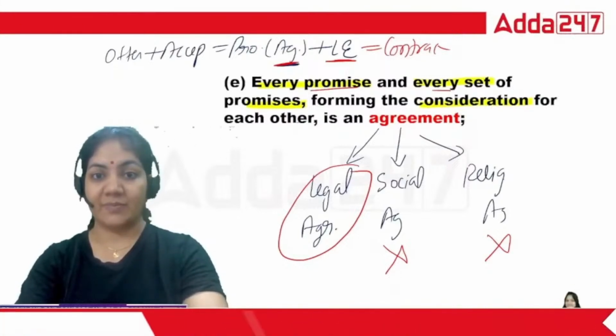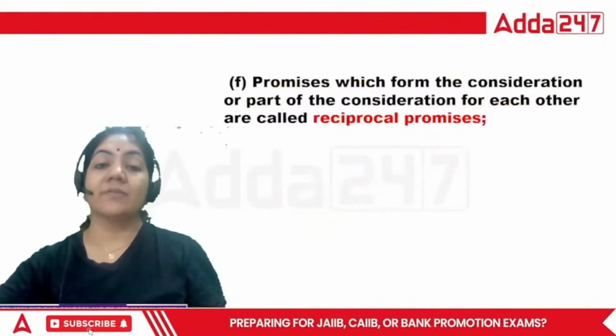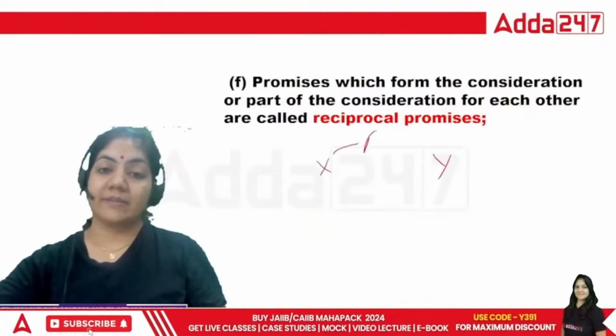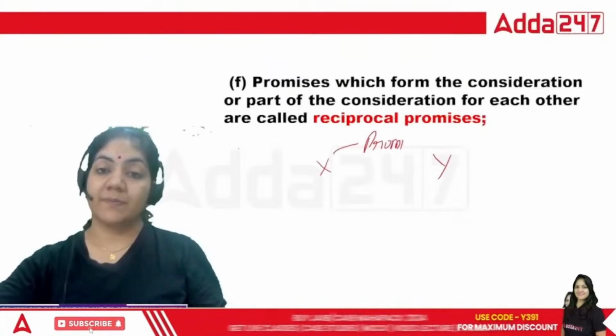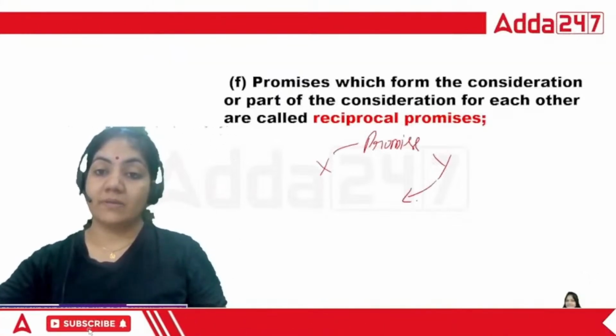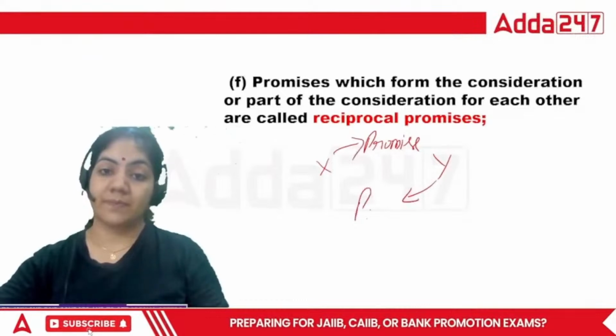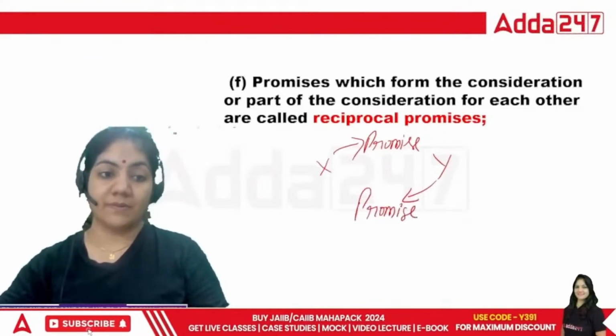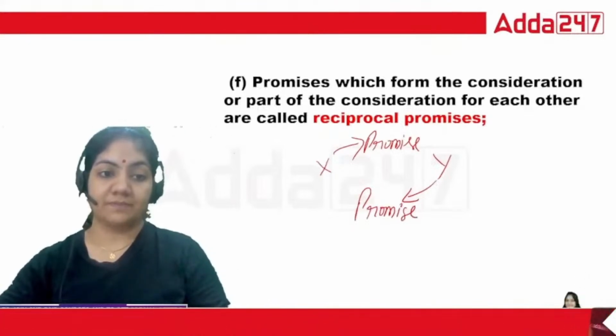Next one is, what is reciprocal promise? X and Y are there. X is making a promise and Y is also making a promise.